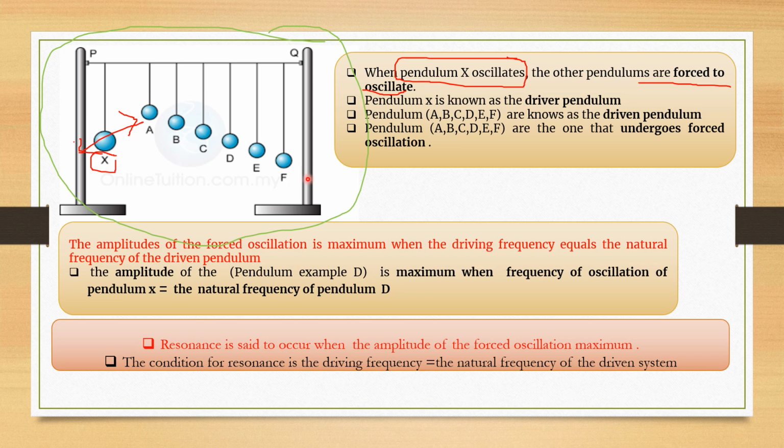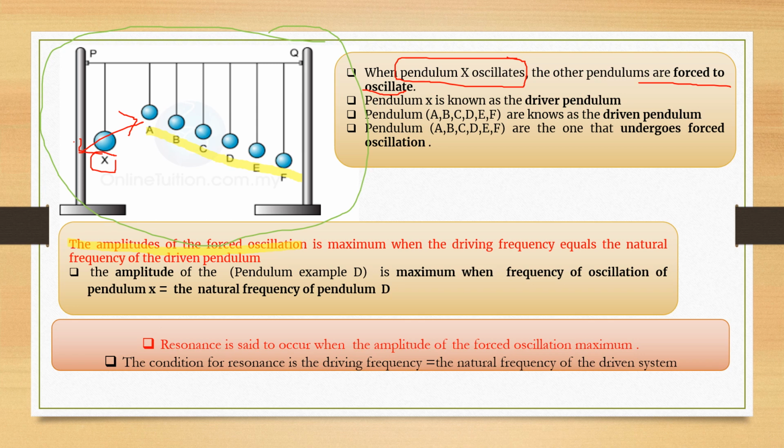Now, let's look at the concept and connect this with the physics concept. The concept says the amplitude of the forced oscillation. The amplitude of what? The amplitude of the forced oscillation. Who is going through forced oscillation? A, B, C, D, E, F is the one that goes through forced oscillation.